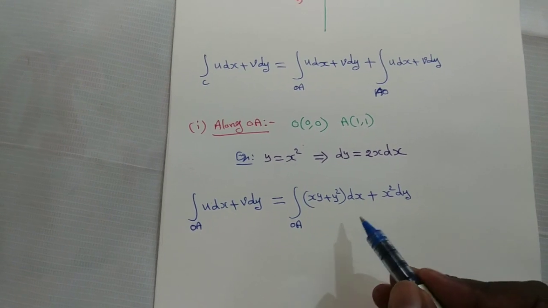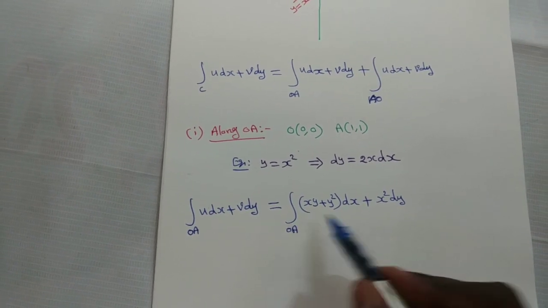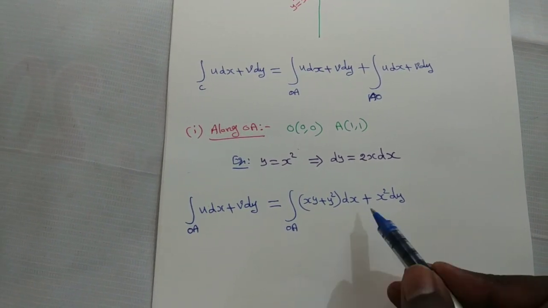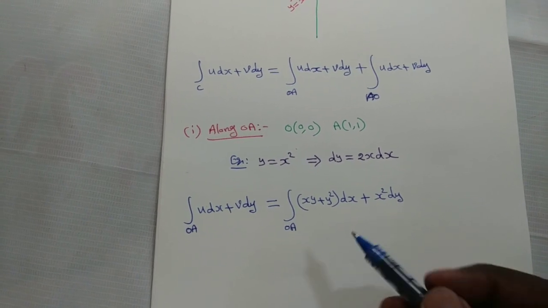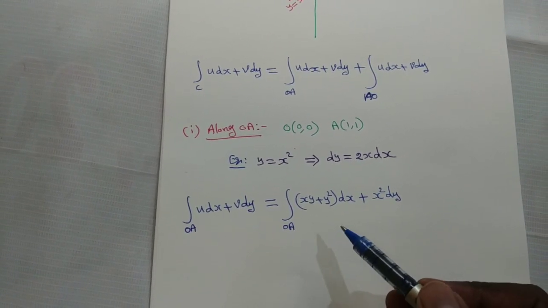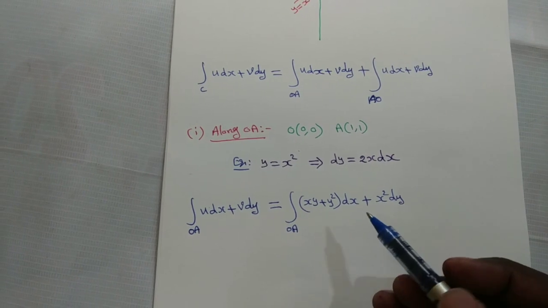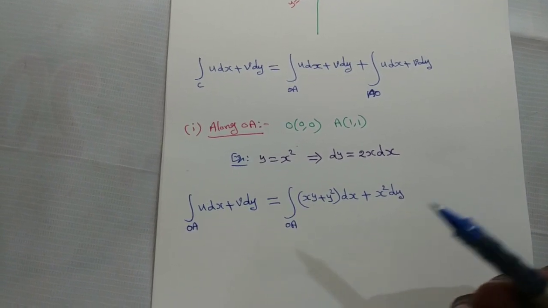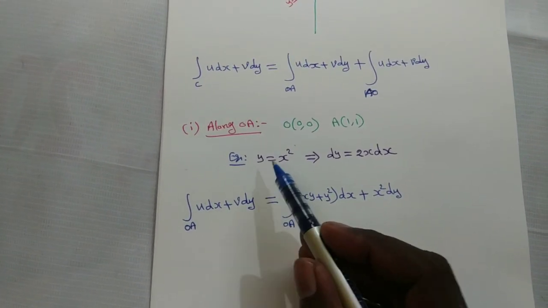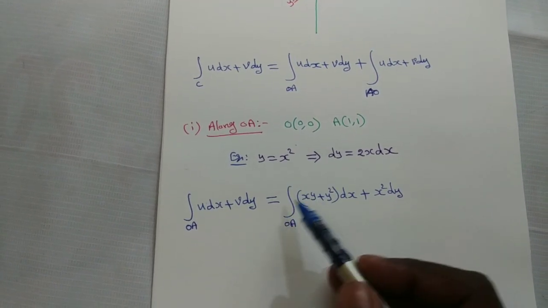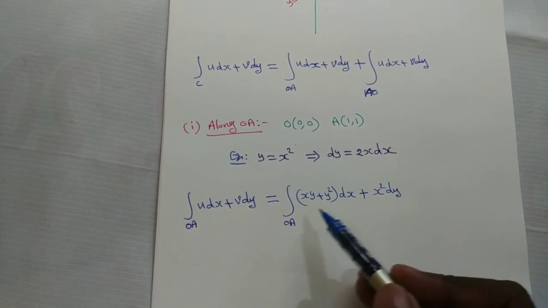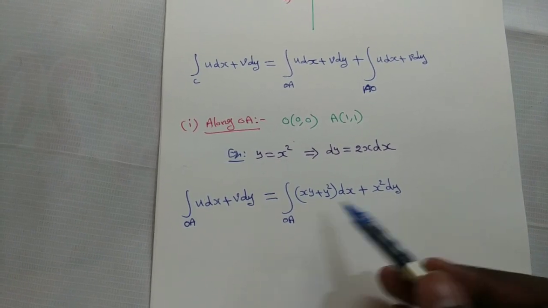To evaluate this integral, I want to convert it into a single variable. But here there are two variables, x and y. So I want to convert it into one variable, either in terms of x or in terms of y, by using this. So I am going to put y = x squared here. Then the integral becomes in terms of the single variable x.